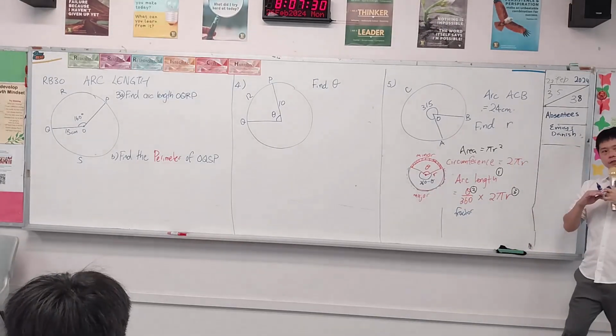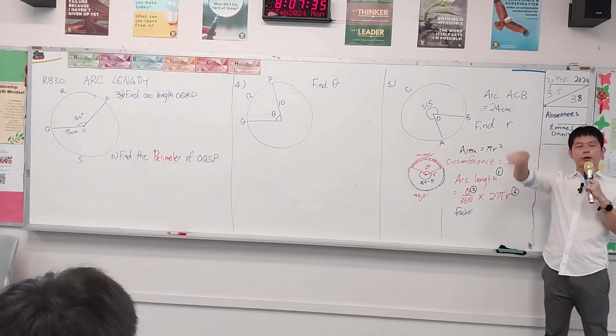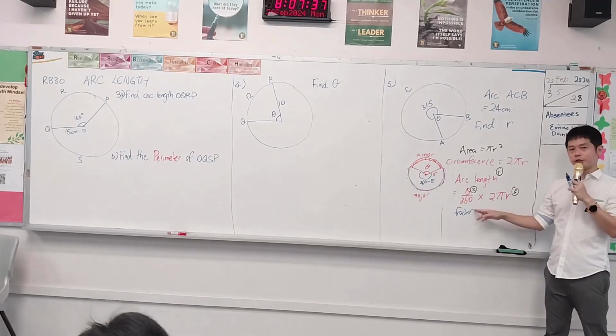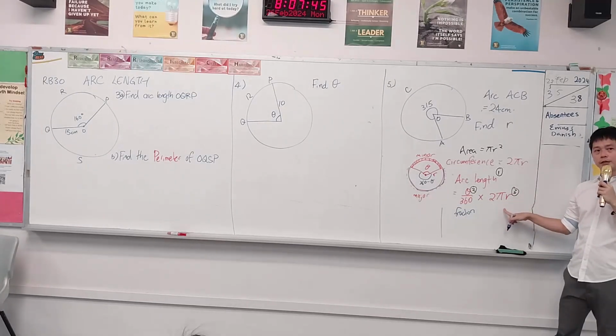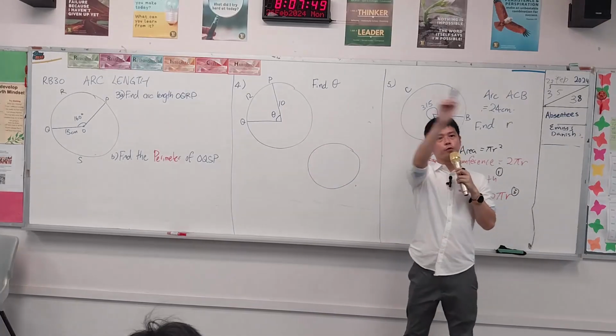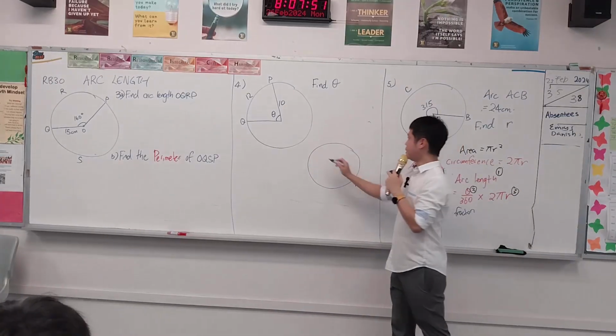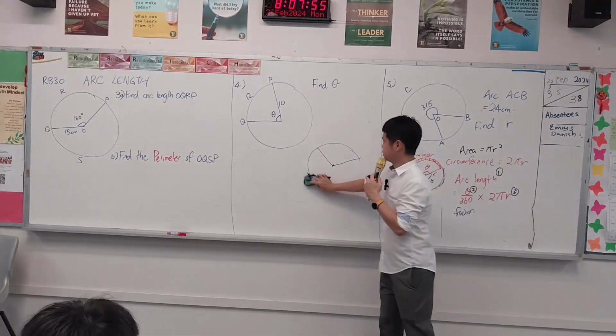So the formula is theta over 360. That will give you the partial circumference, which is called the fraction part. I'll multiply by the circumference of a circle. A circle has this full perimeter, right? But the arc length is only partial of it.